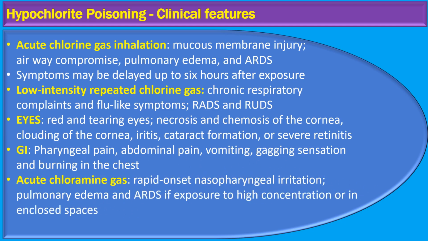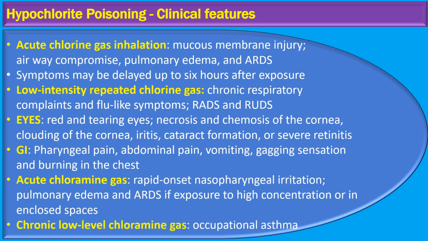Lastly, acute inhalation of chloramine gas can cause rapid irritation to the nasopharynx, and in high concentrations or enclosed spaces, it can lead to pulmonary edema and ARDS. Chronic exposure to low levels of chloramine gas is associated with occupational asthma. It's crucial to understand these risks to ensure proper safety measures and immediate medical attention in case of exposure. Let's keep this in mind as we continue our discussion on the management soon.